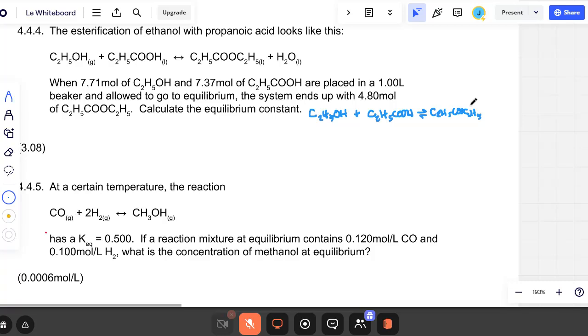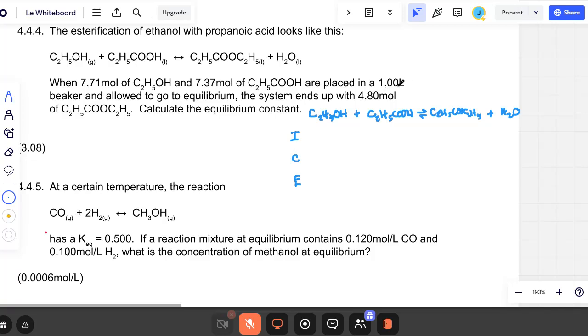Ethyl propanoate and water. Dreadfully scrunched. Sorry, but the jerk who made this book, who is me, didn't give you a lot of space to work with here.